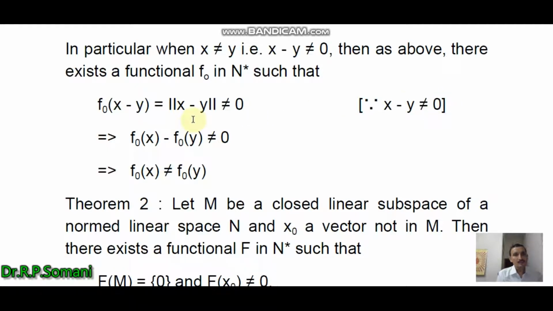Then by the linearity of f0, this becomes f0(x) minus f0(y) is not equal to 0, and this implies f0(x) is not equal to f0(y). So if we have two distinct elements, then we can find a linear functional such that f0(x) is not equal to f0(y), or their functional values are not equal.